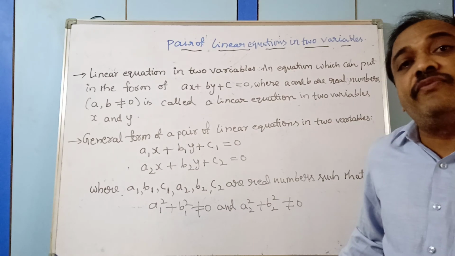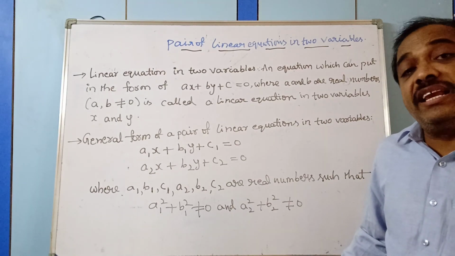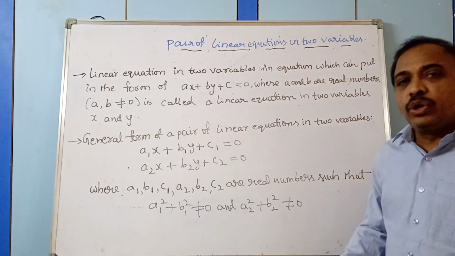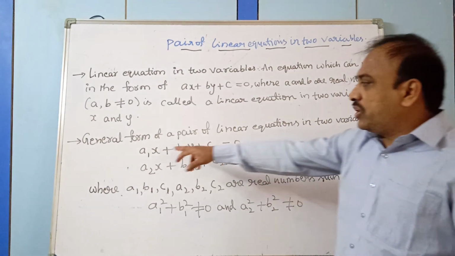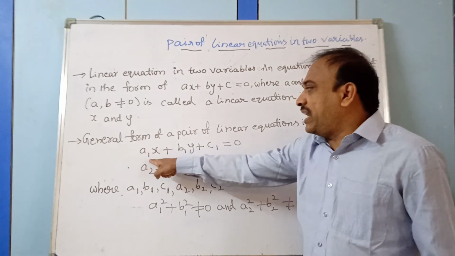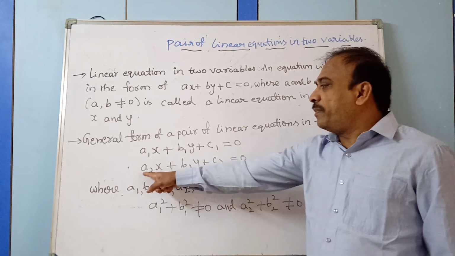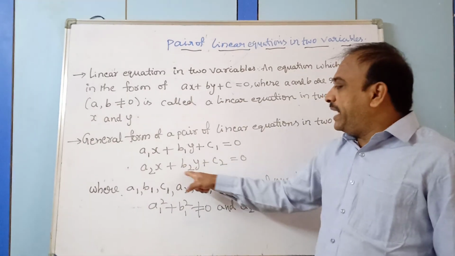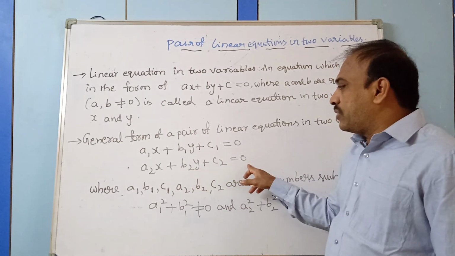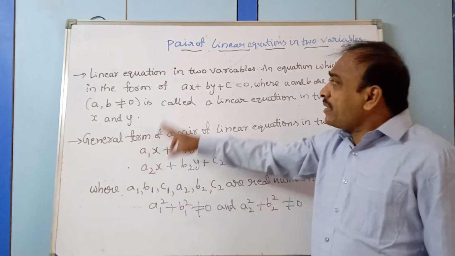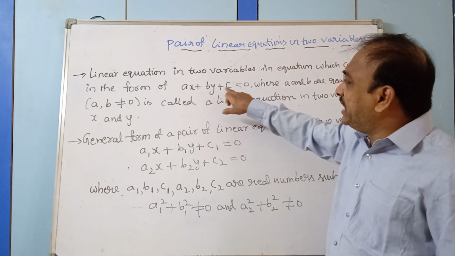This is the condition for a pair of linear equations in two variables. Why did we write a1? How to read this one? a1x plus b1y plus c1 equal to 0, a2x plus b2y plus c2 equal to 0. Here you see a linear equation in two variables.